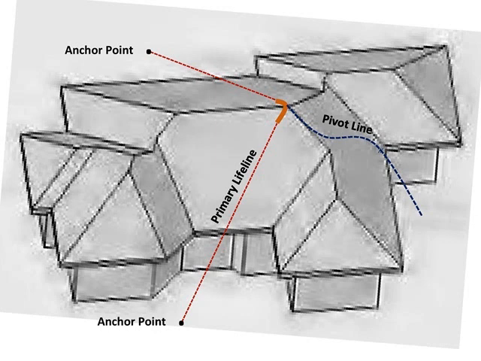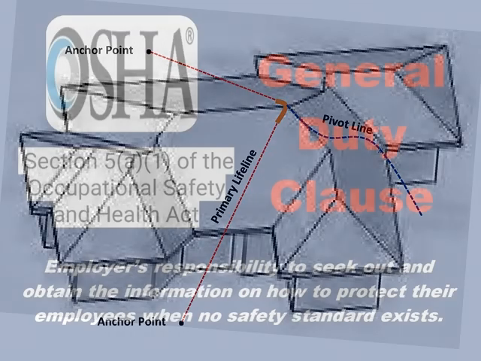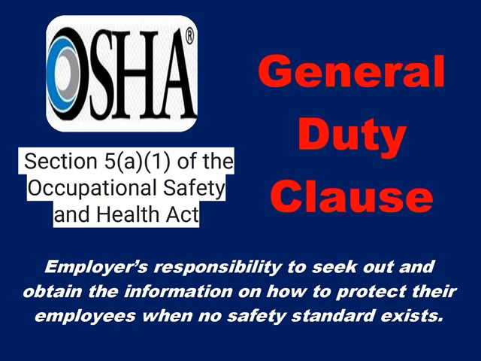Therefore, deviations from standard fall protection are permitted if developed and prescribed by a qualified person. In fact, under the General Duty Clause, it is the employer's responsibility to seek out and obtain the information on how to protect their employees when no safety standard is in existence.